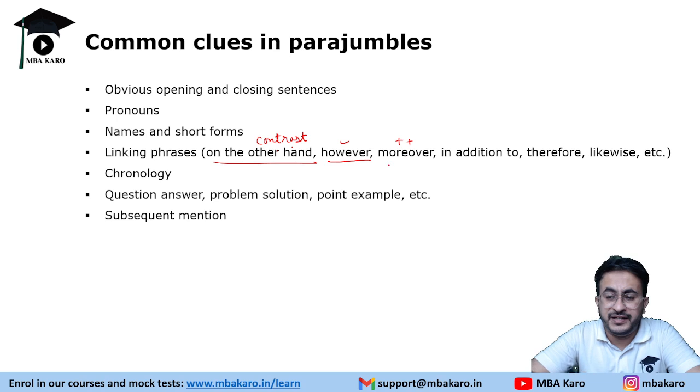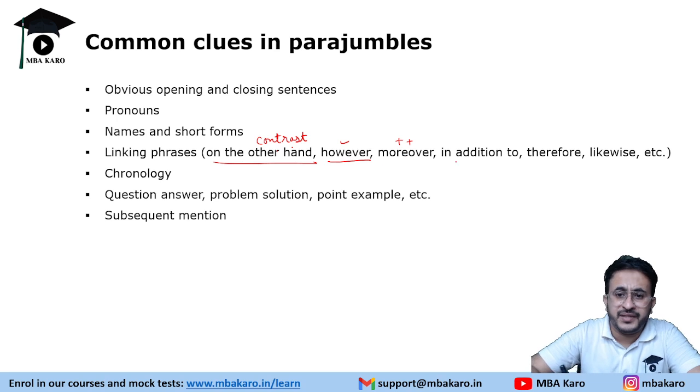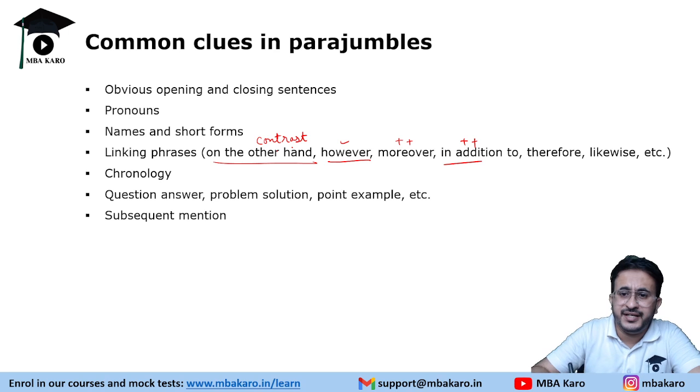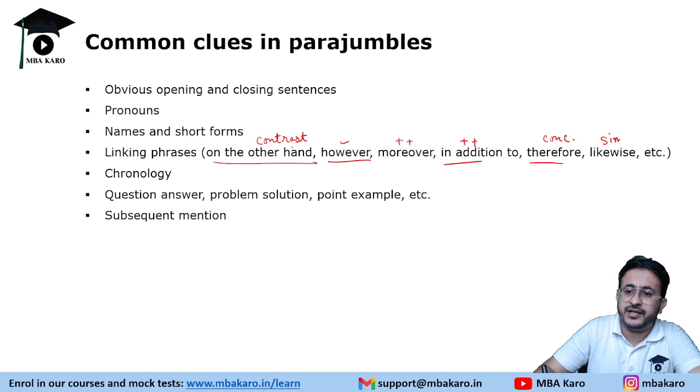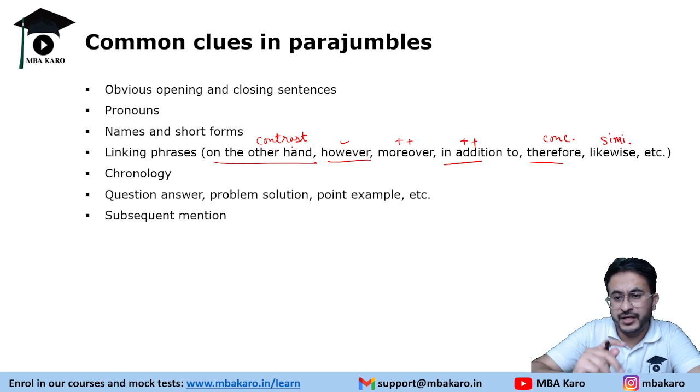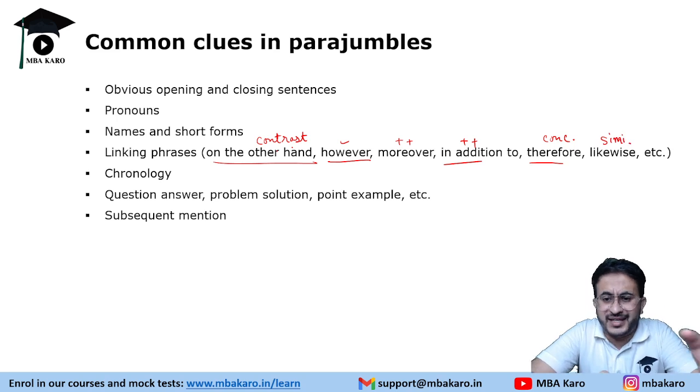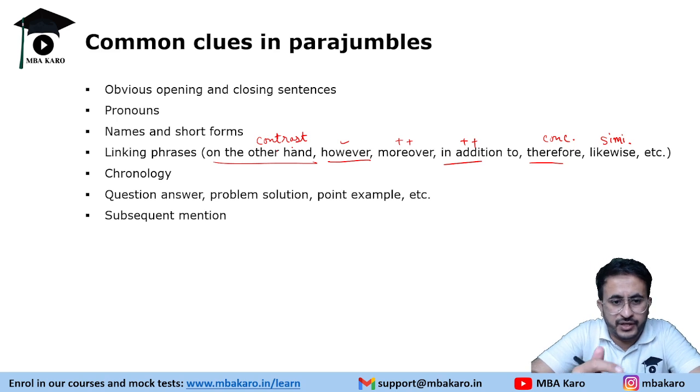So this is definitely used at a later stage. In addition to, we are adding something to the previous sentence. Therefore means a kind of conclusion. Likewise means similarity, comparison. So these are some keywords, and these keywords are helpful in RCs also. So pay attention to these keywords and try to build the link and put in your answers.